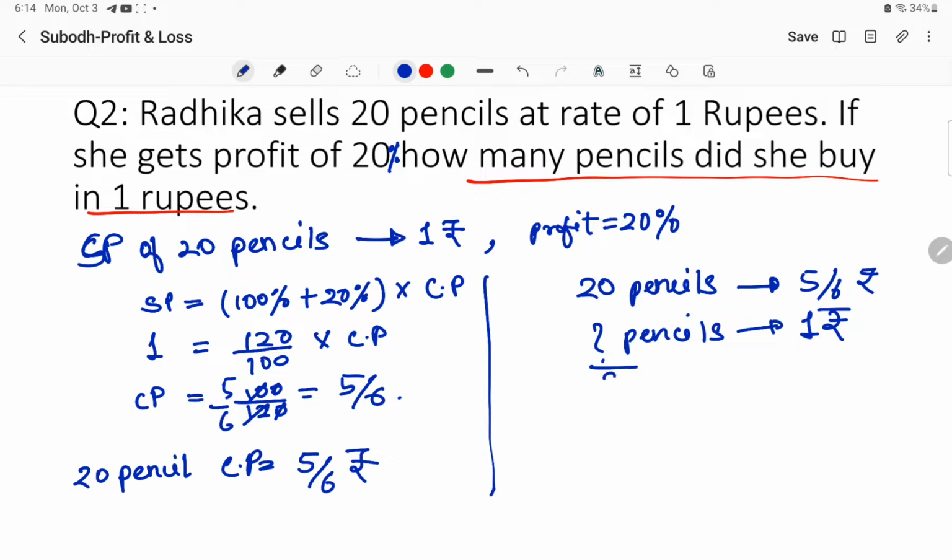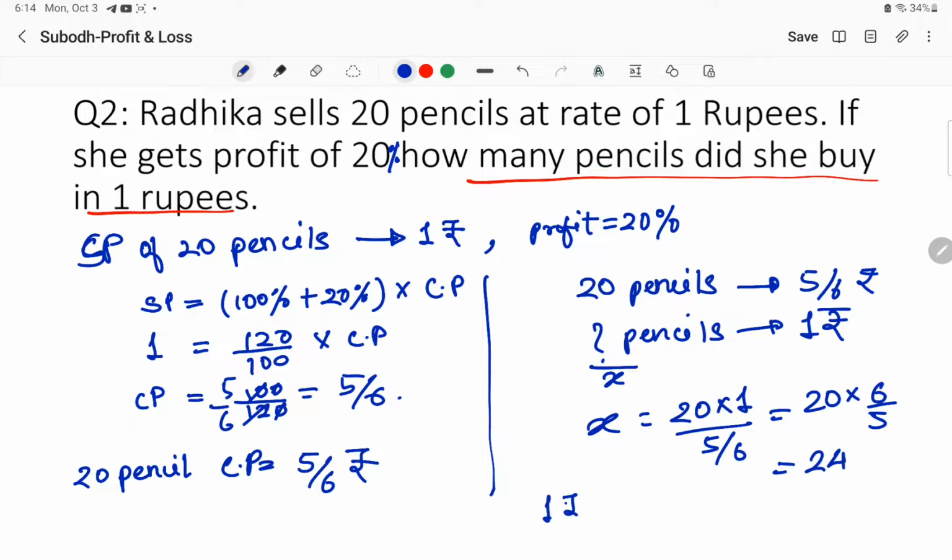Let's consider this as x equals 20 into 1 divided by 5 by 6. So that is 20 into 6 by 5, so it comes to 24. So Radhika has bought 24 pencils for 1 rupee. So this is our answer: 24 pencils she bought for 1 rupee.